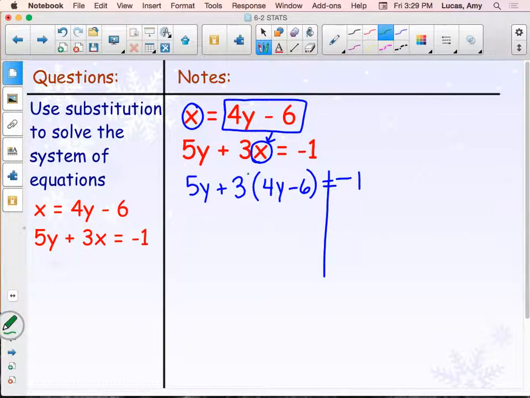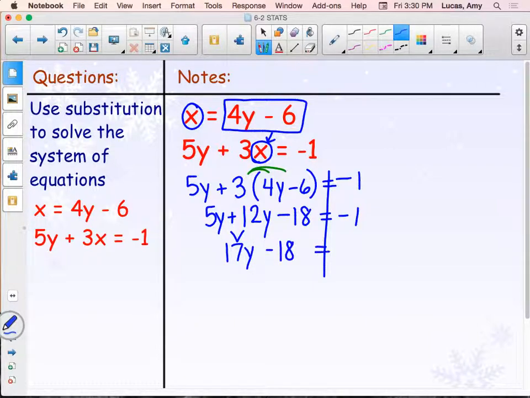I need to distribute. So 3 times 4y is 12y. 3 times negative 6 is negative 18. And I've got a 5y over here, so I need to put a plus in front. Combining like terms gives me 17y minus 18 equals negative 1.